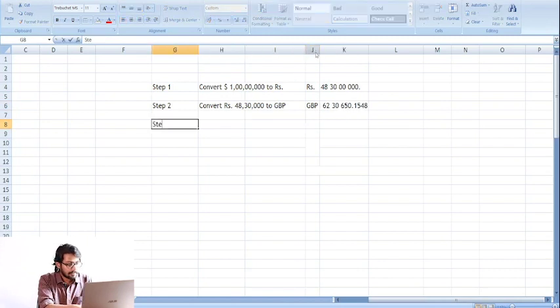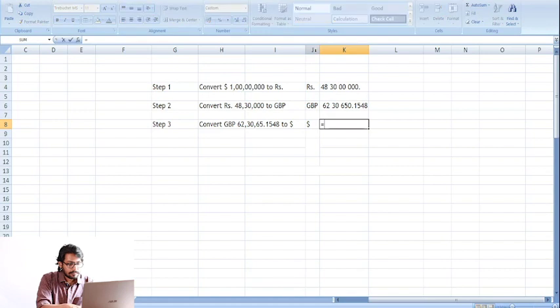Step 3. Convert pounds GBP 62 lakh 30,650.1548 to dollars. You will get dollars.